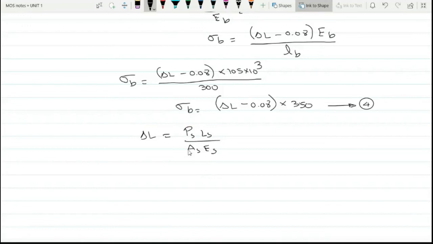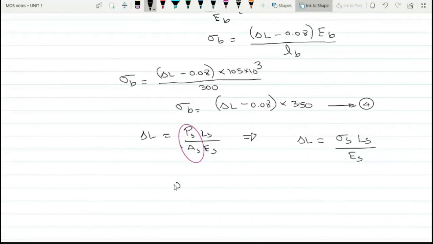Again, we know that this will be your stress, so this equation can be written as del L is equal to sigma S LS by ES.